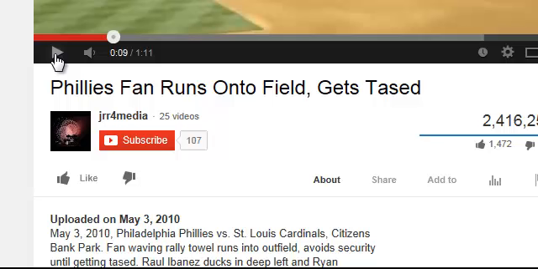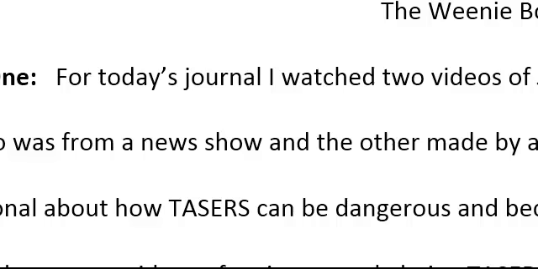And this was an interesting controversy back in 11 because he was the first fan to be tased for jumping on the field, and it raises all sorts of questions about whether this particular tasing was legitimate. Well, you can imagine after watching this video, reading an article about it, students are then ready to hopefully make some kind of point, hopefully take details or quotes that they think might be important for their future paper about this particular event.